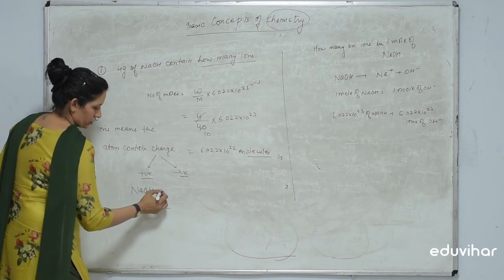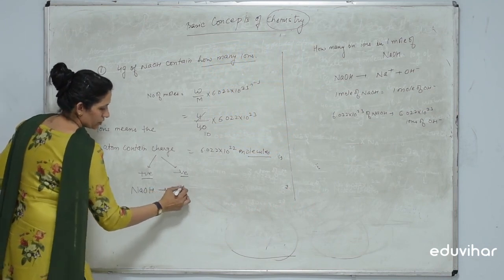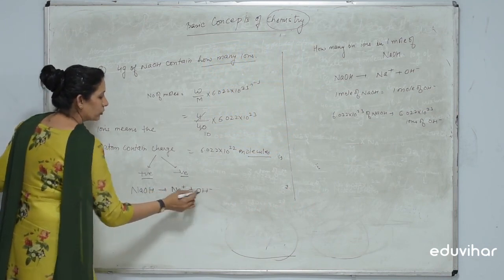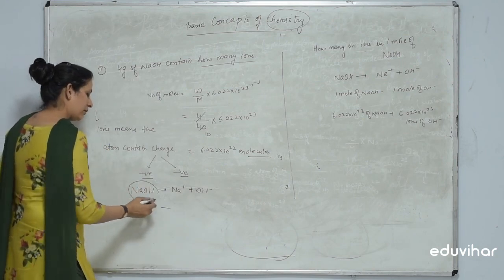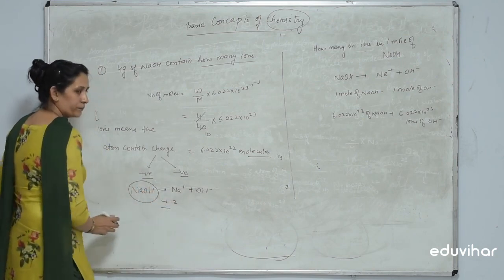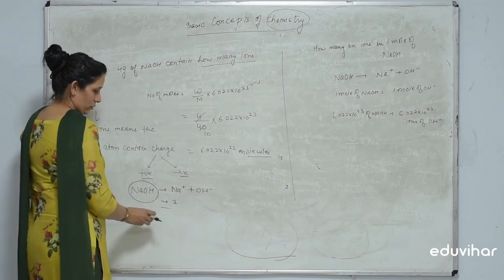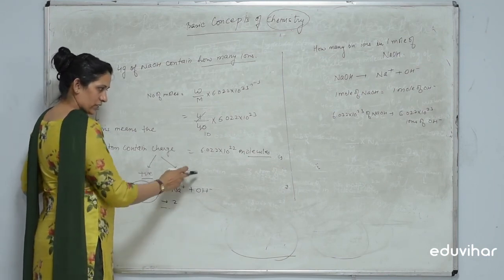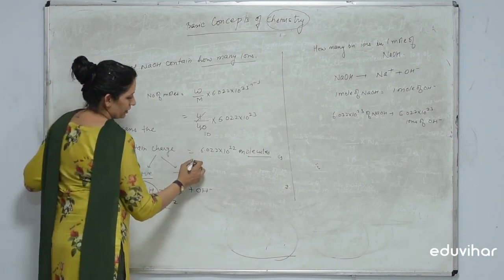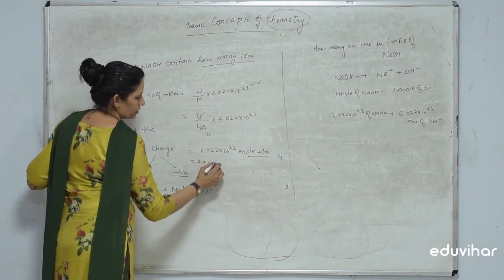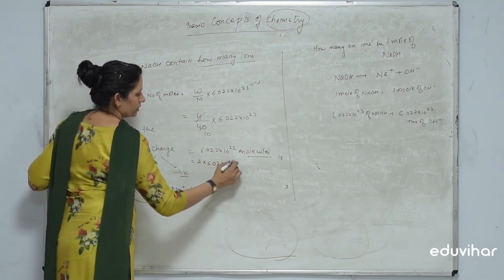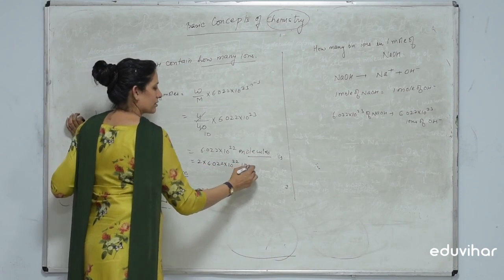I am having NaOH. NaOH contains Na positive plus OH negative. How many total ions are present in 1 mole? There are two ions present. If 1 molecule contains 2 ions, then the total is multiplied by 2 into 6.022 into 10 raised to power 22 ions.